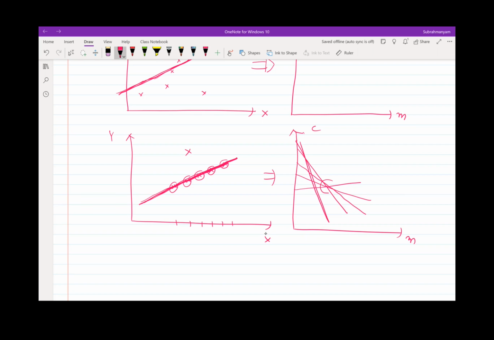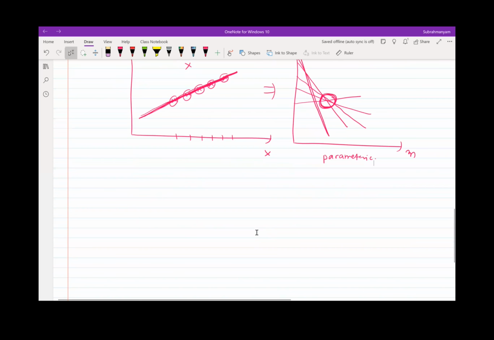And you would see here, maximum intersections are here. Do you see that? So from the parametric space, you would do one more thing here. You cannot actually vary it continuously. So you create a bin of variations, with a delta m, and you keep varying it here.